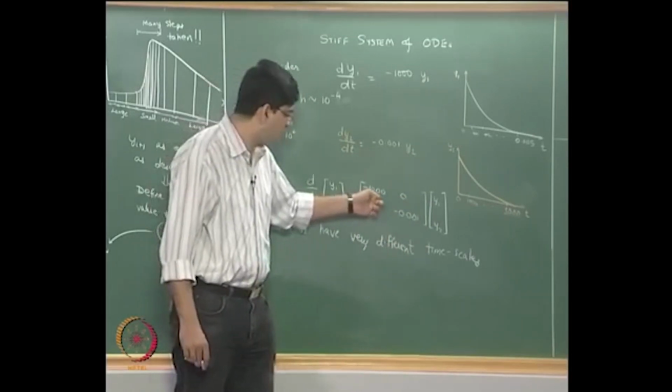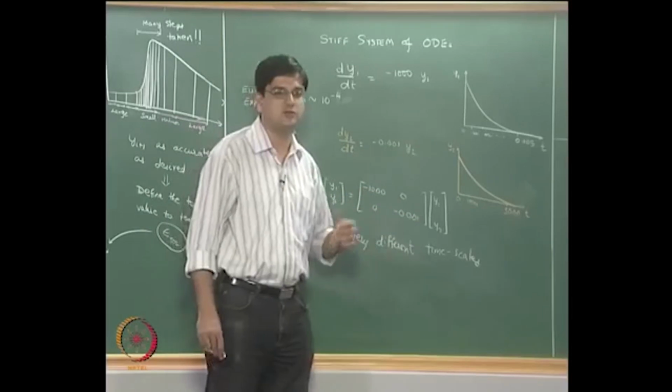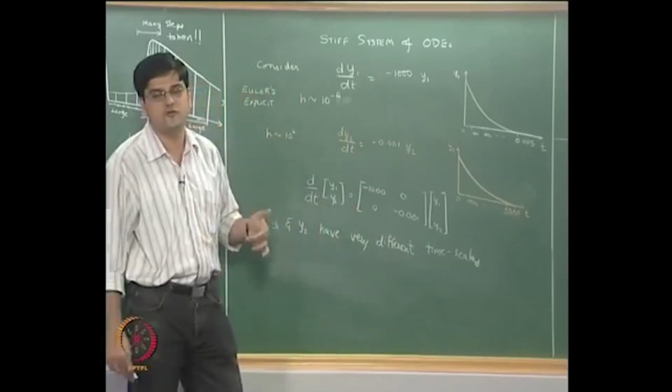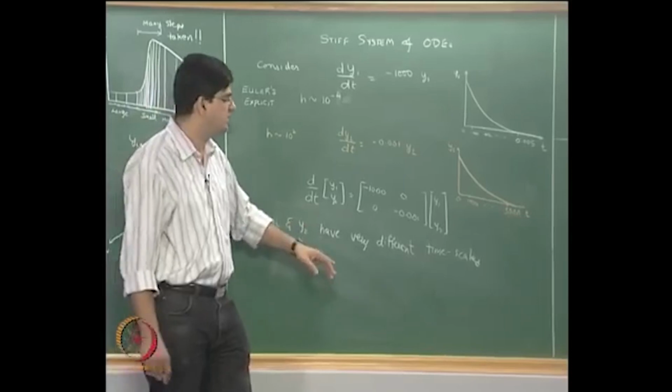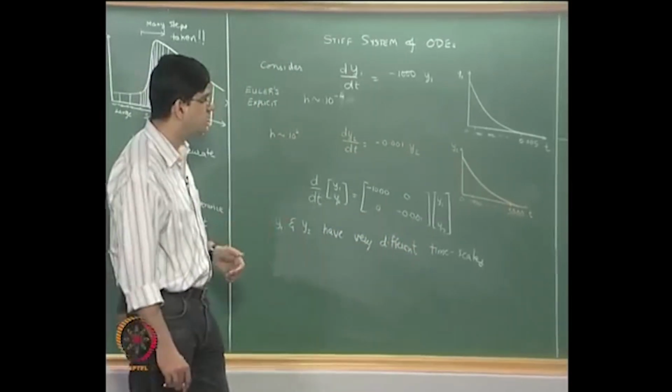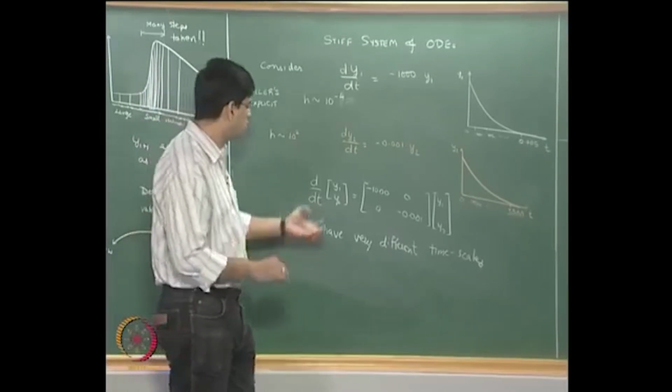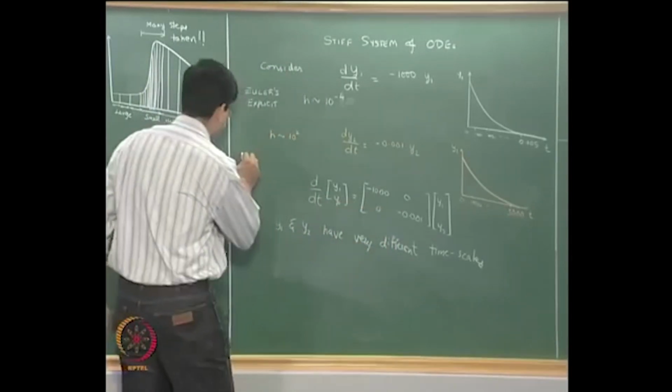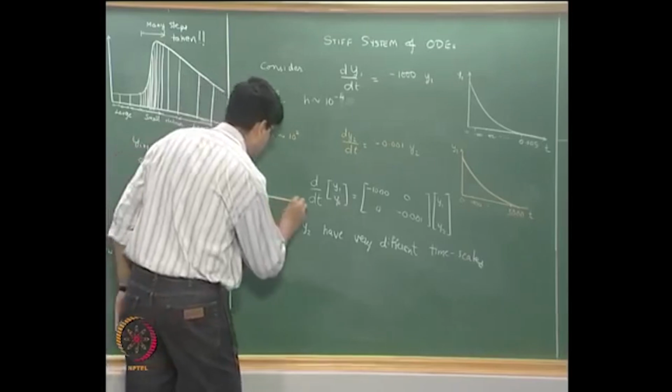If this ratio is of the order of 10 to the power 4 or 5 or higher, in that particular case the system is going to be fairly stiff and we will need to use stiff solvers. Okay. So for this particular system, the evolution, the way it is going to happen is like this.